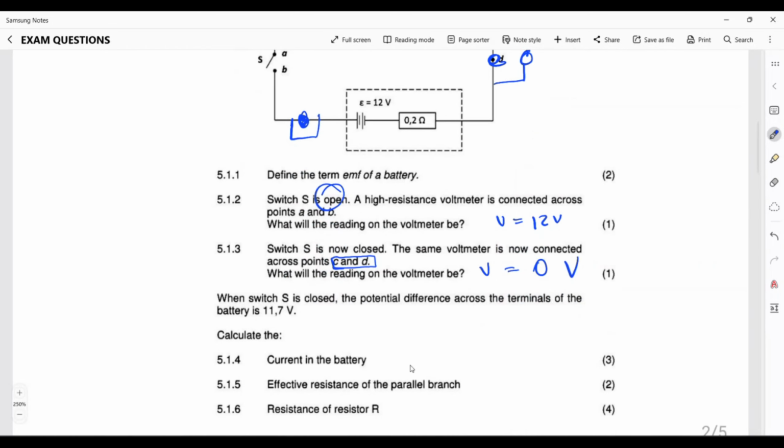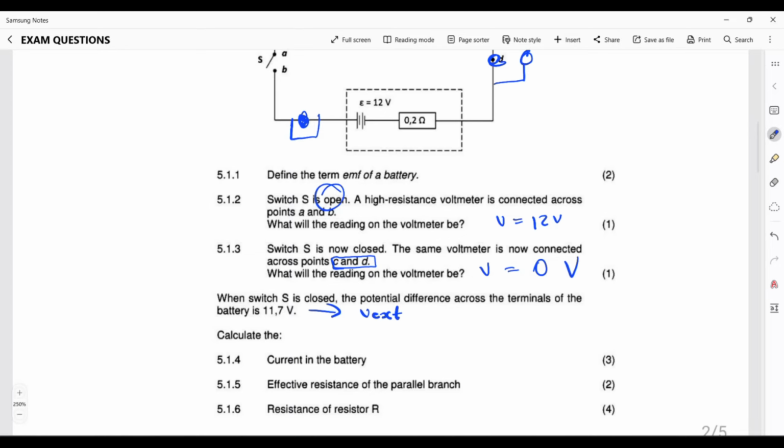What they're actually saying here is that 11.7 is your V external, because they said across the terminals of the battery.